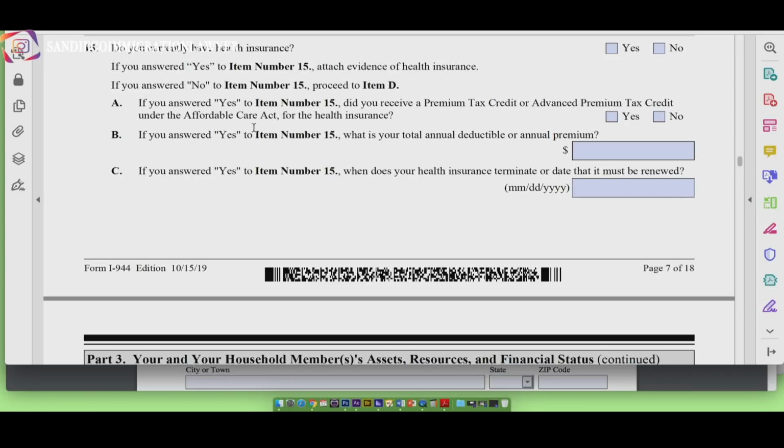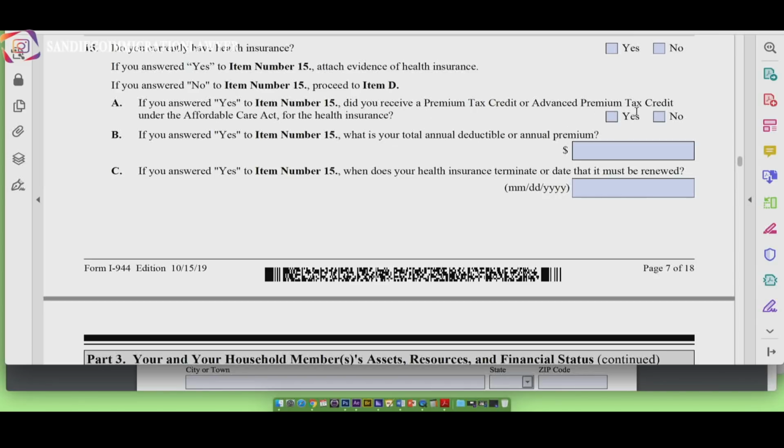So the Affordable Care Act is called different things in different states, but it's all part of the Obamacare. And in California, they call it Covered California. And so if you receive credit through that, then you're going to need to answer that question.